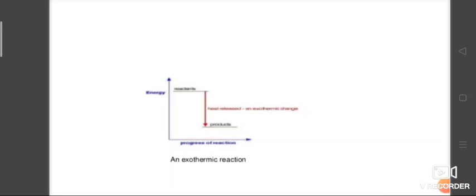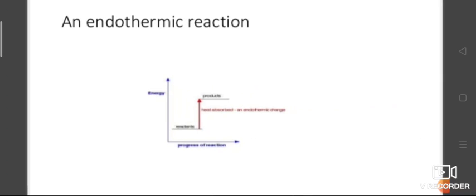Look at this, products are here, reactants are here. So products have less energy than the reactants. In endothermic reactions, products have more energy than reactants. So the up arrow marks endothermic, the down arrow marks exothermic.